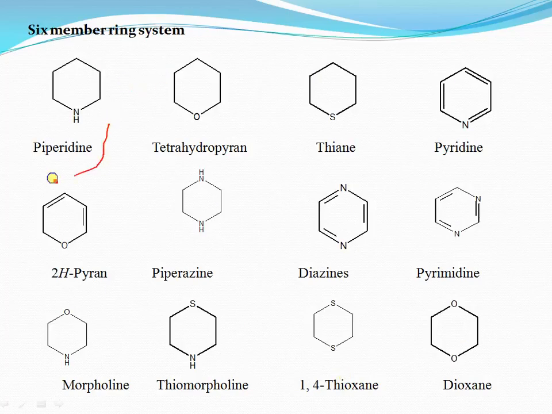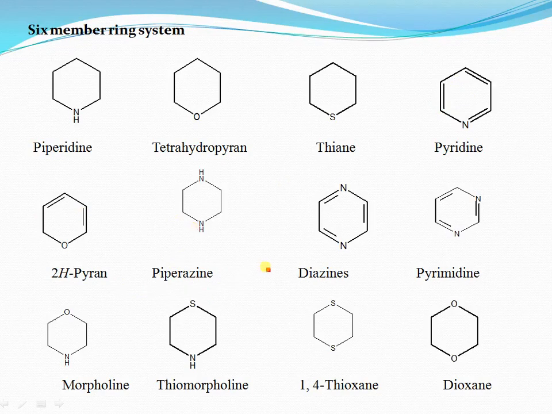6-member pyridine. Again pyridine means again saturation. Tetrahydropyran, thene, pyridine. So it is a 6-member ring system. Aziridine, 3-member. Aziridine is 3-member. It is pyridine. It is 2H pyran, pyrazine.